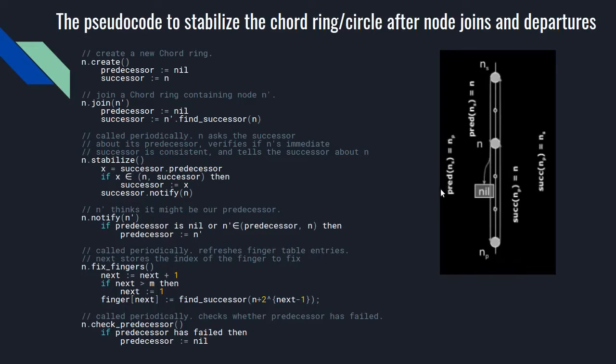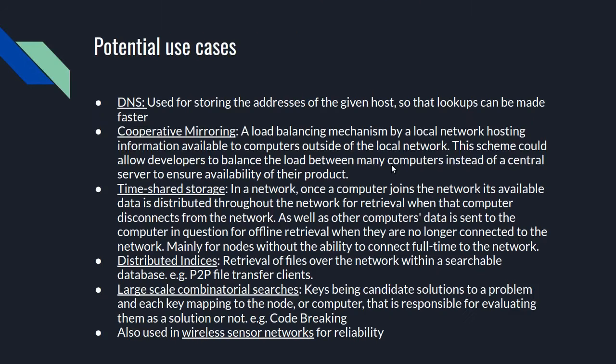Every time a node joins or departs, we need to stabilize our ring. So we continuously call a stabilize function periodically and fix fingers in the finger table accordingly if a new node is added or has been removed from the list.